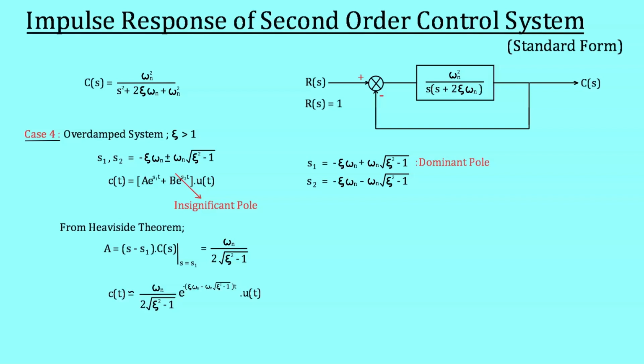The output will come out approximately to be equal to omega n divided by 2 multiplied by under root of zeta square minus 1, multiplied by Euler's number raised to the exponential s1 t multiplied by unit step signal. The output in this case will approximately look like a decaying function.